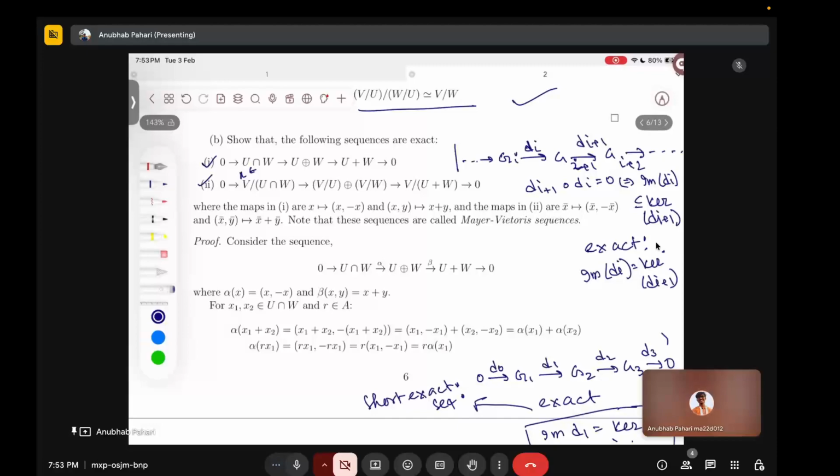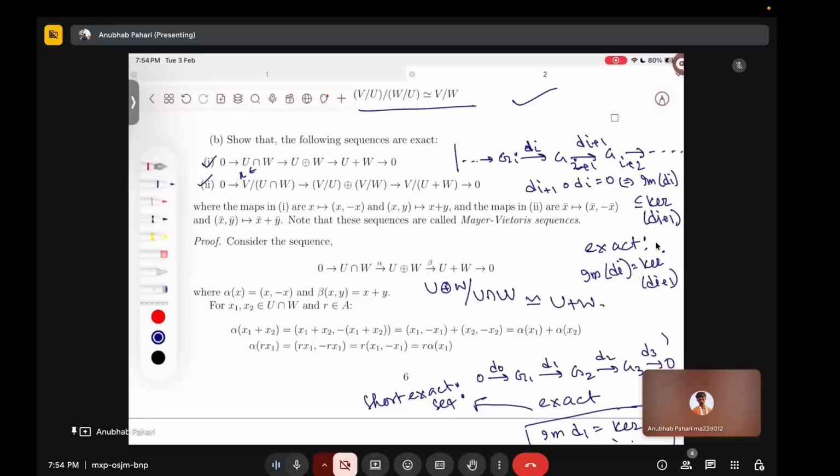From this, can you follow that (U direct sum W) by (U intersection W) is isomorphic to U plus W? Can you follow this?